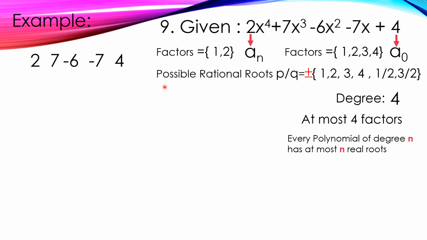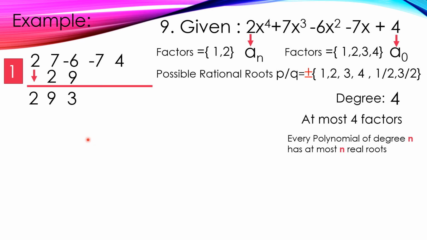Now, we're going to try out all of these possible rational roots. So let us take positive 1. By drawing a long line, you're going to bring down the first term 2, then multiply it to our multiplier 1. So 2 times 1, we have 2. 7 plus 2, we have 9. 9 times 1 is 9.